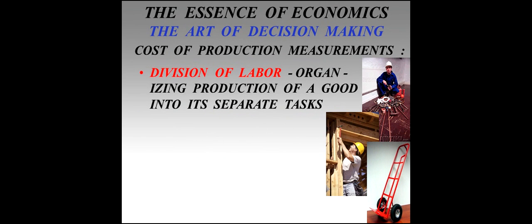For the moving company to experience increasing marginal returns as a result of adding to its labor force, it first applied what we call division of labor, organizing production of a good into its separate tasks. What they were producing is moving, in the early stages, was moving boxes and light furniture.